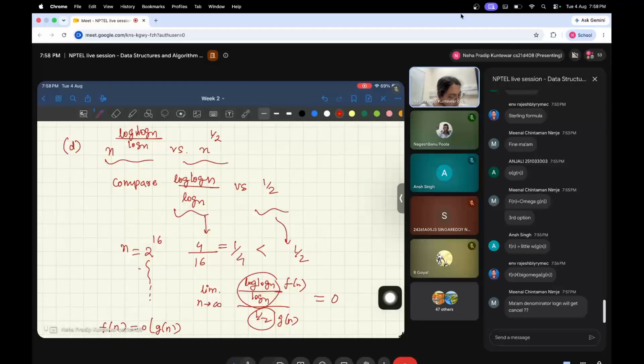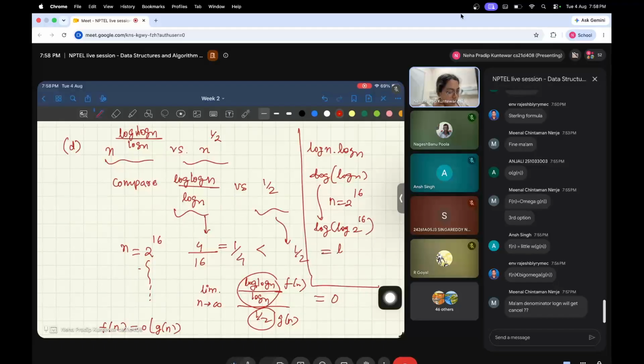Yeah, so this log of log n is not log n times log n, right? It is actually log of log n, which is a much smaller quantity. For example, if n is 2 to the 16, then this will be log of 2 to the 16, which will be log of 16, which is 4.